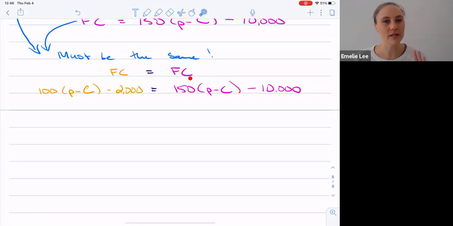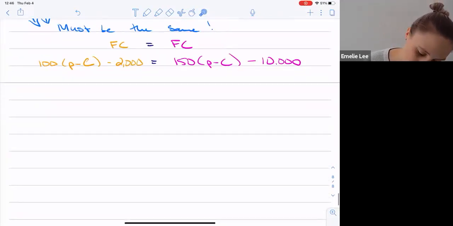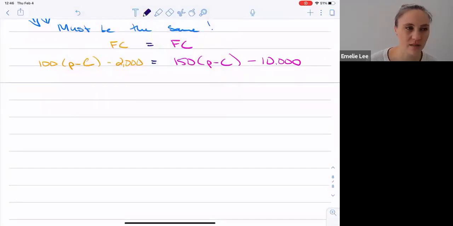So very similar to solving systems of equations. In fact, we are solving a system of equations, with the equilibrium points and the points of intersection, et cetera. All right, so now I'm going to switch to just all blue because otherwise it'll be too messy.